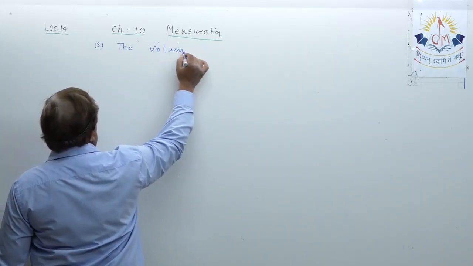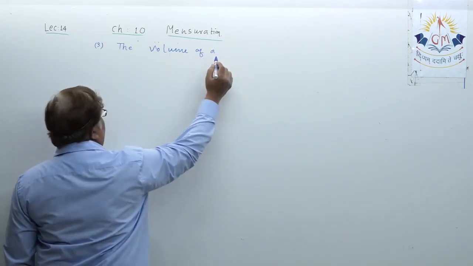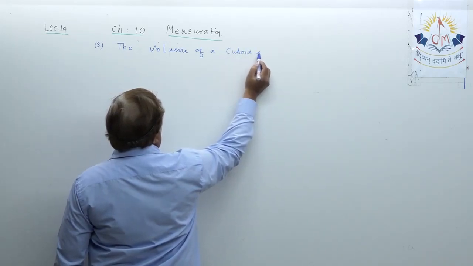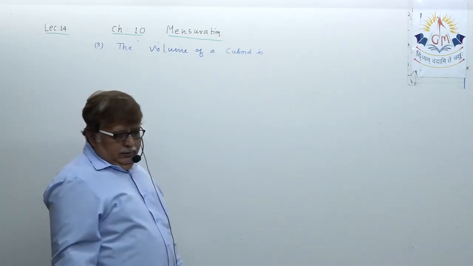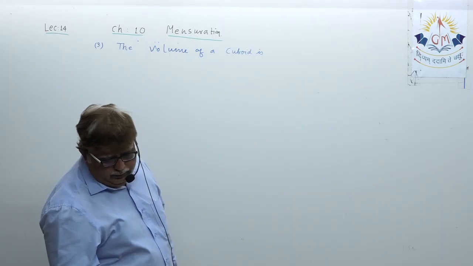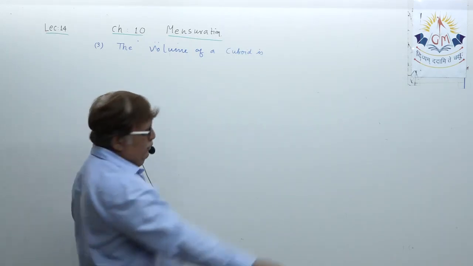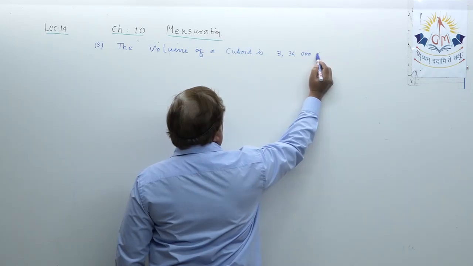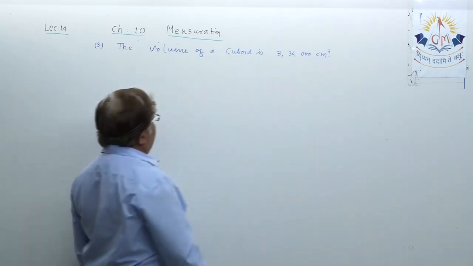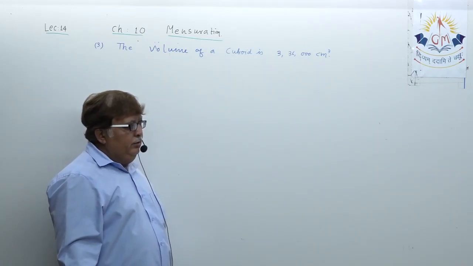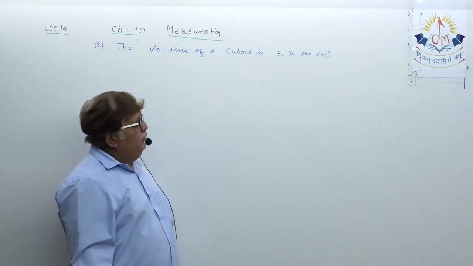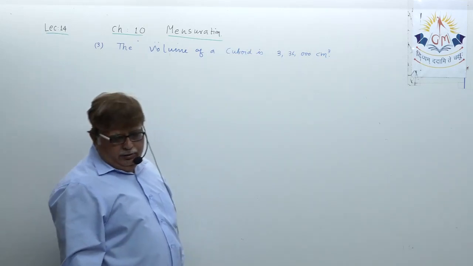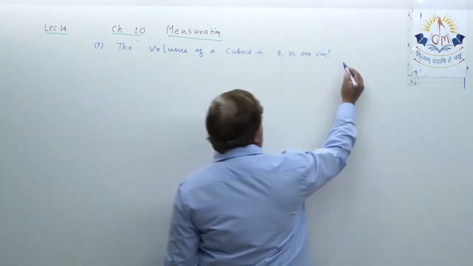The volume of a cuboid has been given 3,36,000 cubic centimeter. Now, dear student, this is the click point.